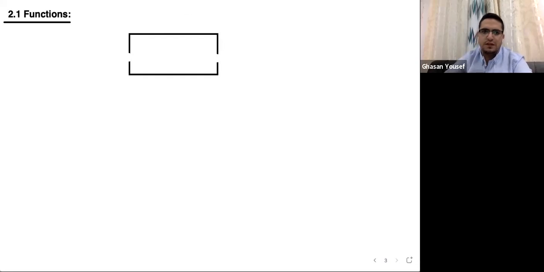It has input and output. This is the input for the machine, and this is the output. So here I can write down: function is a machine.